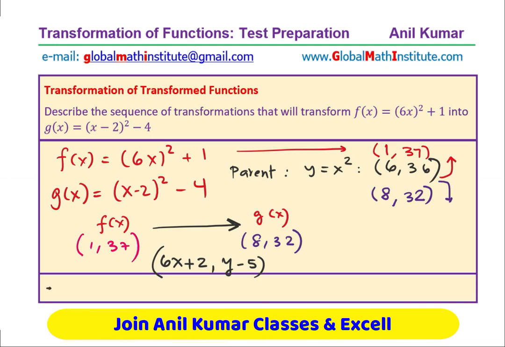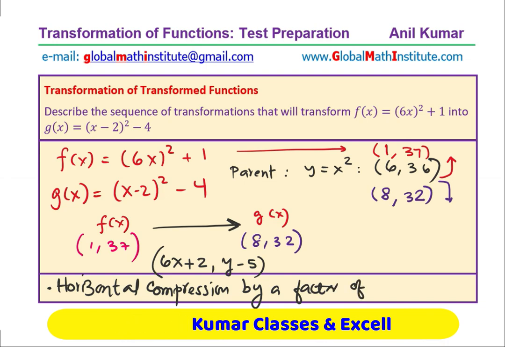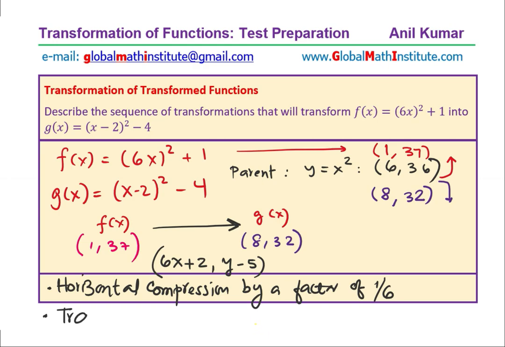So we can say horizontal compression by a factor of 1 by 6, correct? Only then you multiply, right? And second is translate.